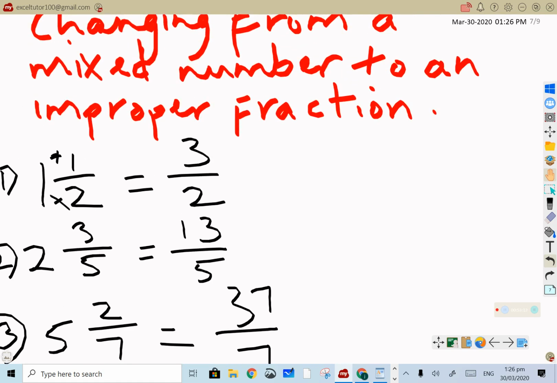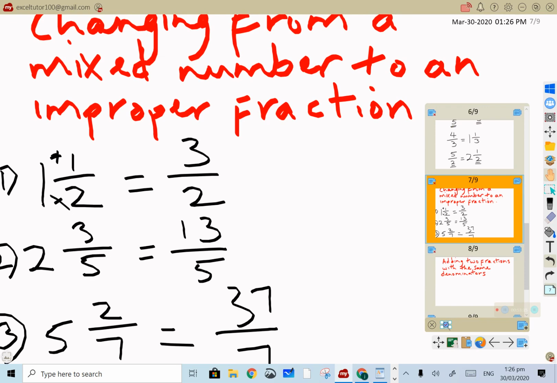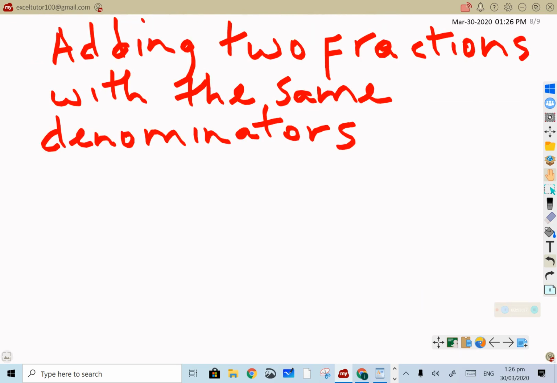Okay, so we're moving on to adding two fractions with the same denominator. So if we have 1 over 2 plus, alright, let me not use that example because that would lead to confusion.